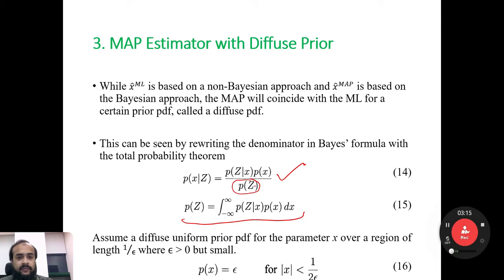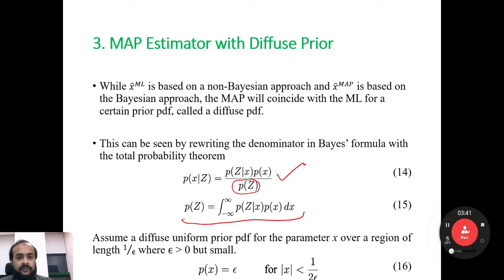As we already know, this is a normalization constant, and it uses the integral of the whole numerator, the product of the conditional probability and P of X, and the integration must equal unity to normalize the Bayes theorem.